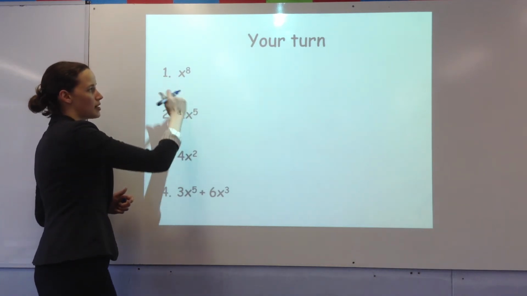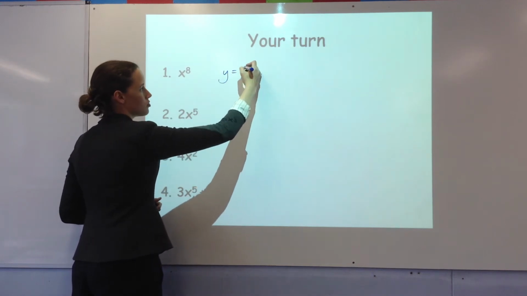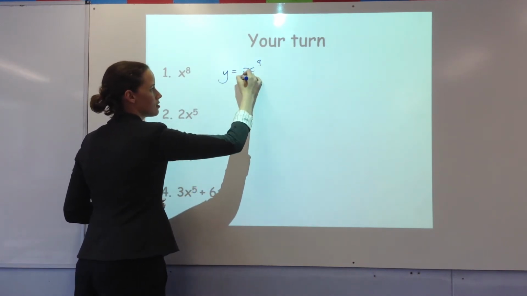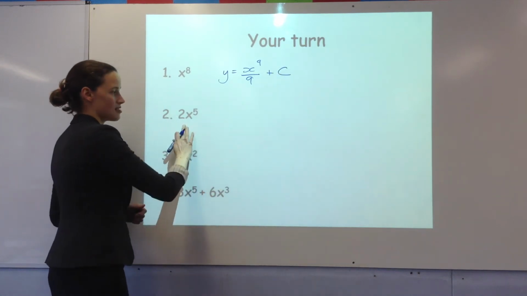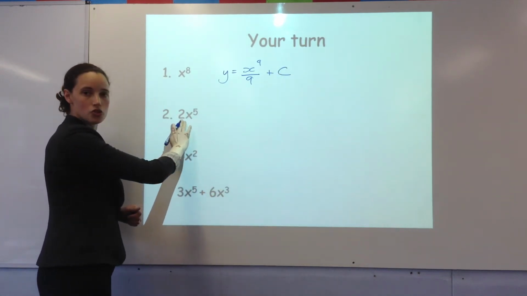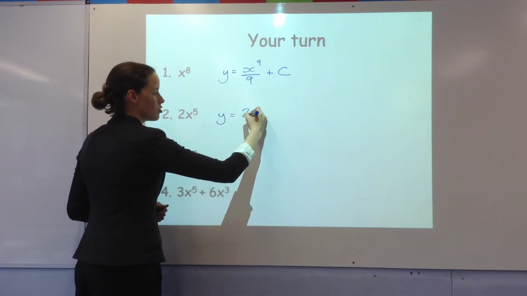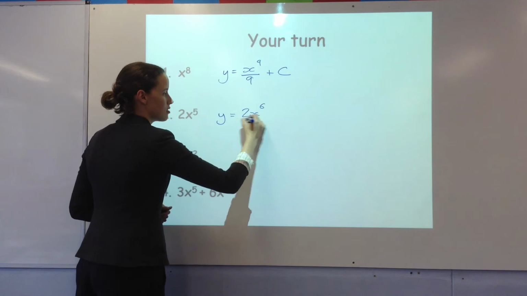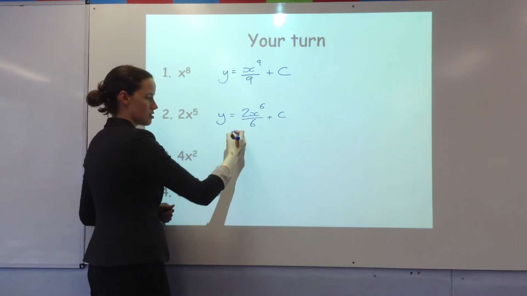Okay, so if dy by dx is equal to 8x to the power of 8, y is going to be equal to x to the power of 9 divided by 9 plus c. Second one, dy by dx is equal to 2x to the power of 5, y is equal to 2x to the power of 6 divided by 6 plus the constant, and we can reduce this.